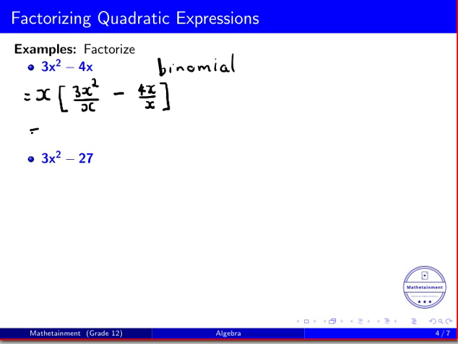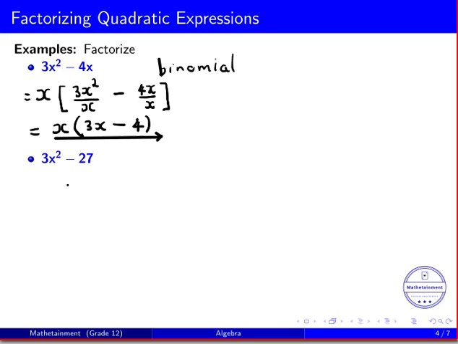Therefore, I have x times 3x squared over x, that is the same as 3x, minus 4x over x, that is the same as 4. Now I have my single term. That expression is fully factorized. It's one term now. One factor is x, another factor is 3x minus 4.